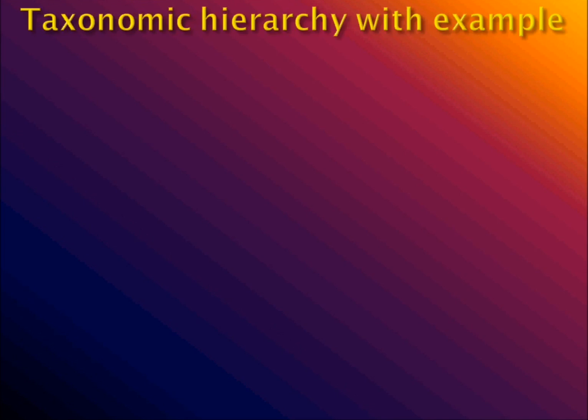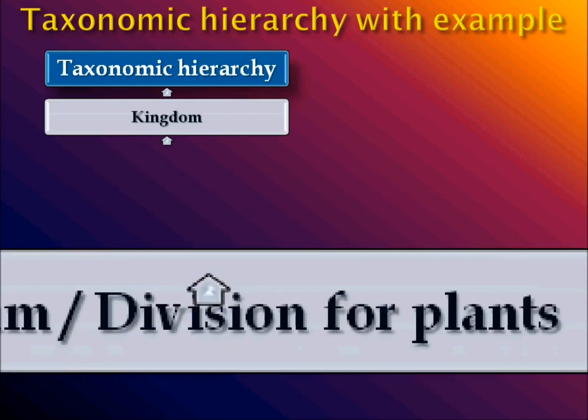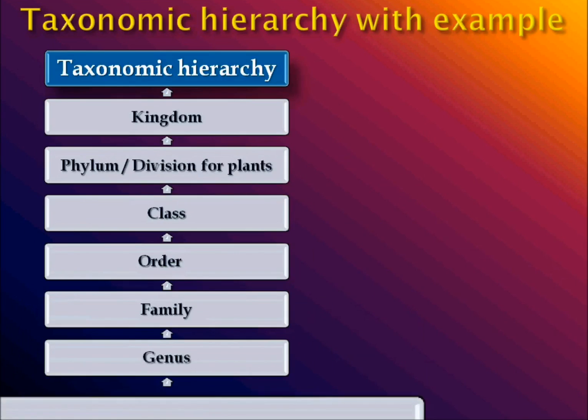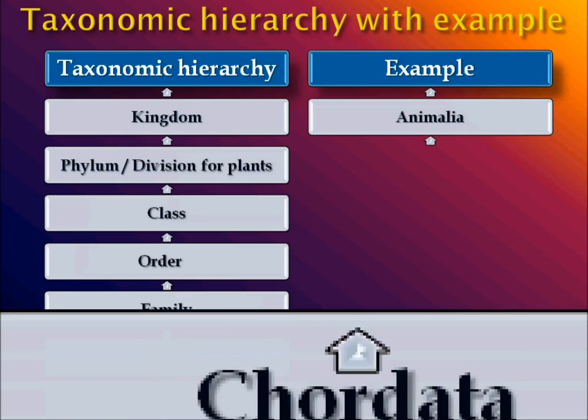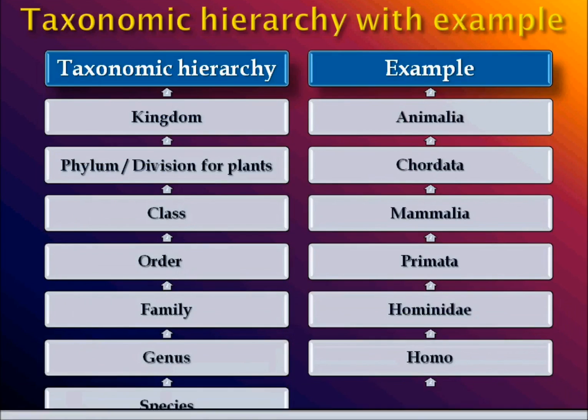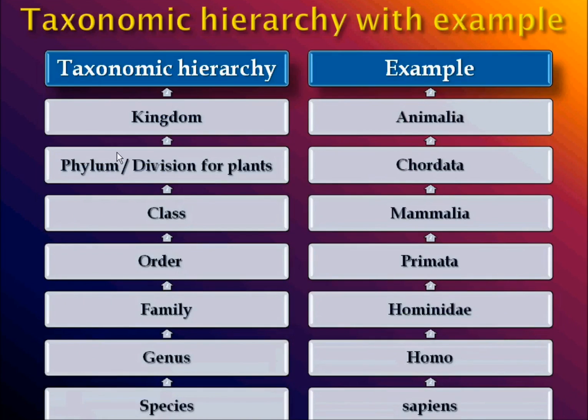Now let us understand taxonomic hierarchy with the help of an example. Here we start with the species, and we are taking the example of a human being.